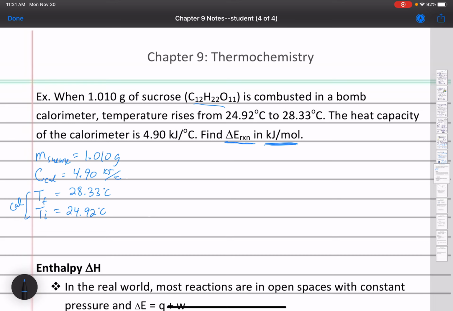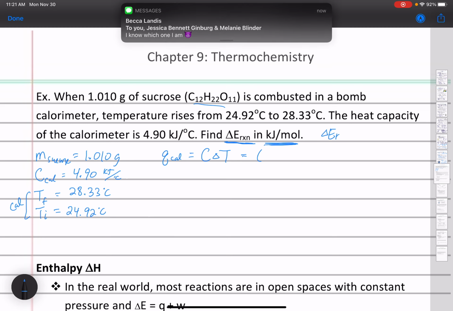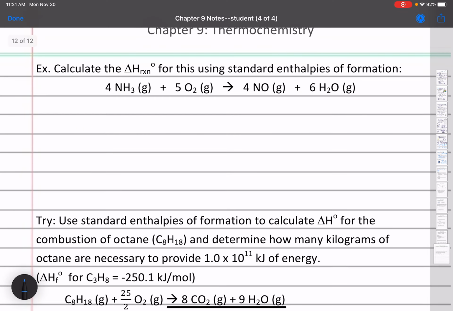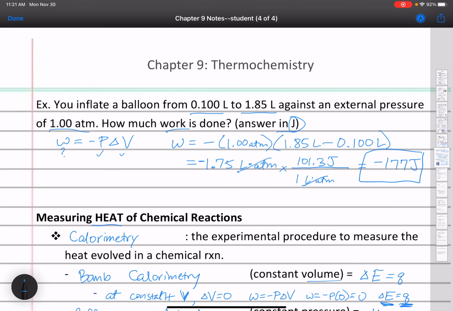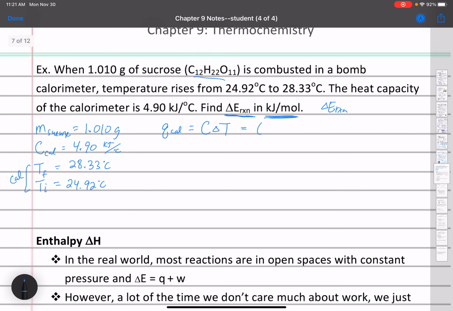All right, so we want to figure out what is the heat of the calorimeter. The heat that's gained by the calorimeter is going to be the heat capacity times the change in temperature. So the heat of our calorimeter here, and of course the heat of the reaction is going to be equal to the opposite of the heat of the calorimeter, right?